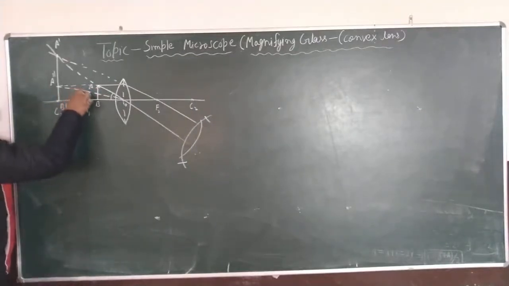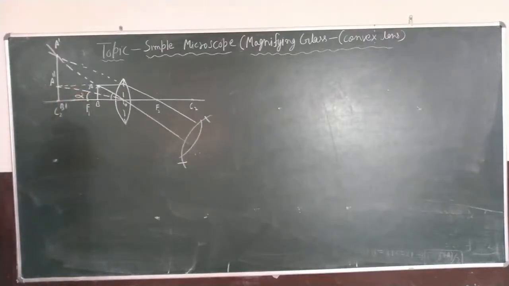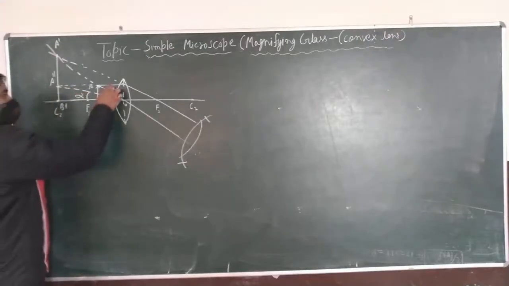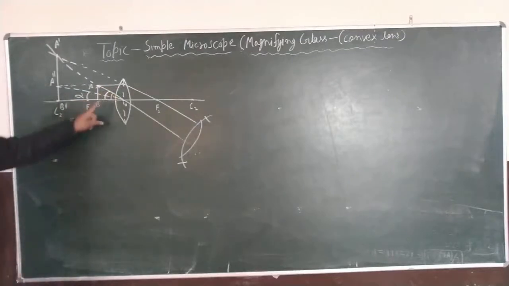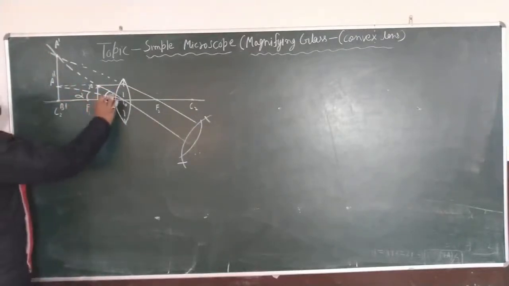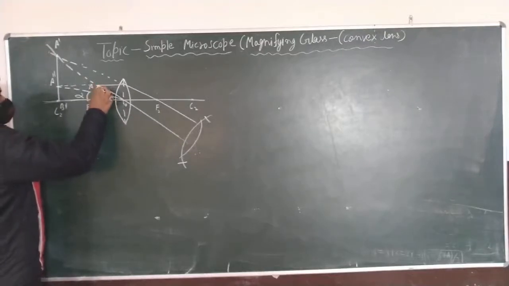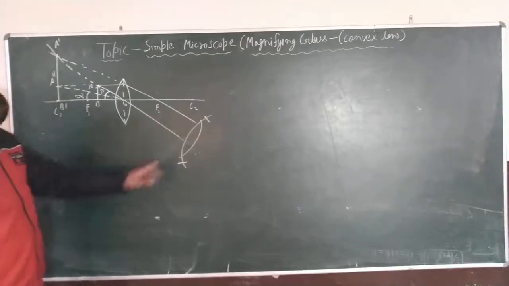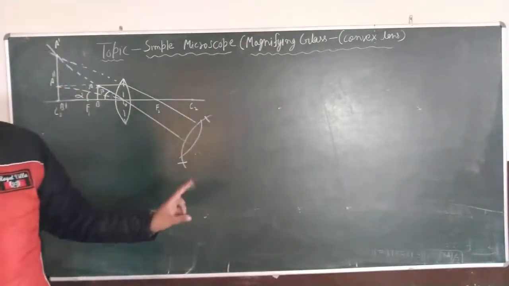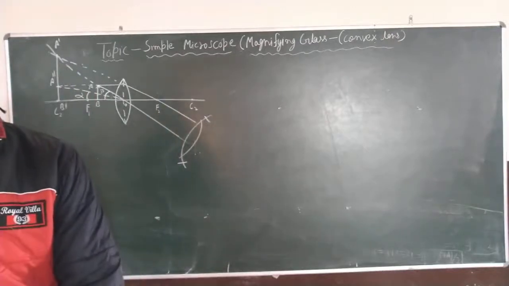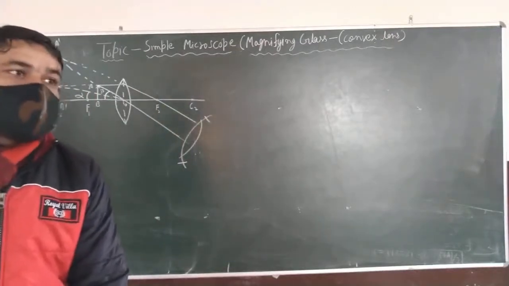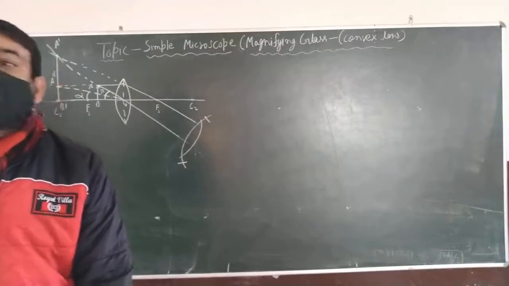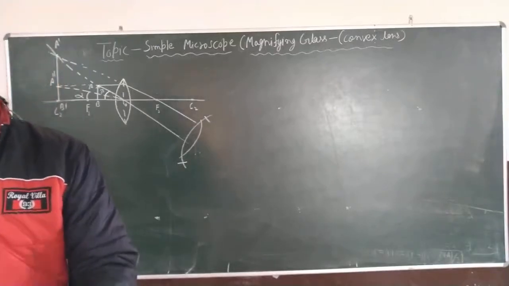Let's say this is angle alpha. Clear? And this is the angle formed by the image on the eye. Let's say it is beta. Clear? Therefore, the magnifying power of a magnifying glass is defined as the ratio of the angle formed by the image on the eye to the angle formed by the object on the eye.